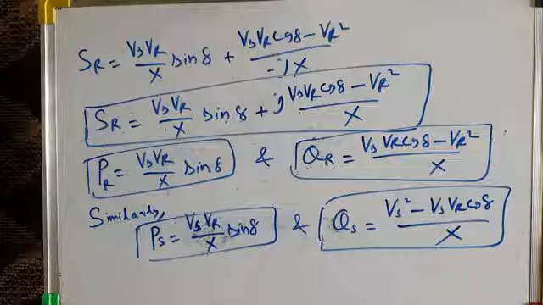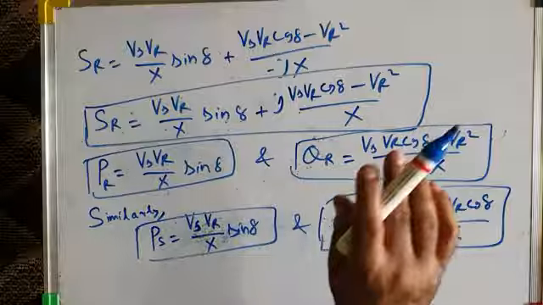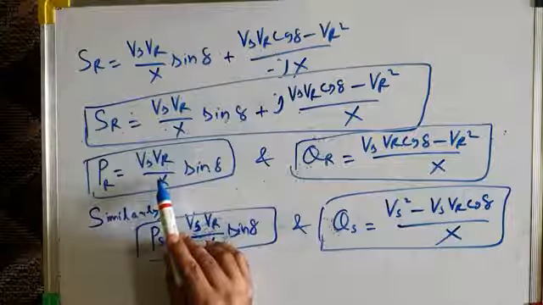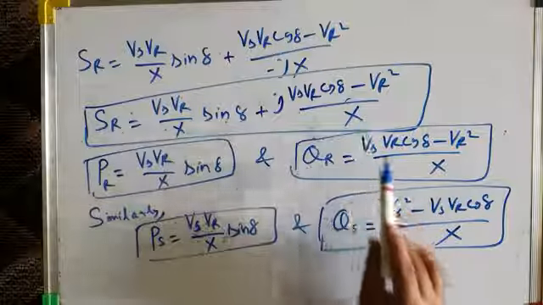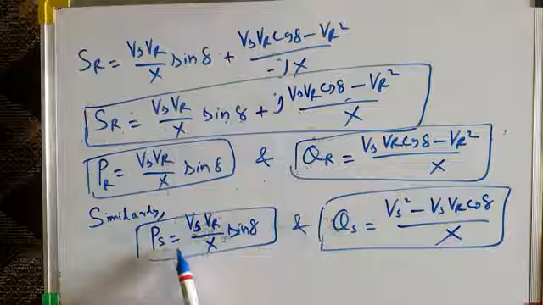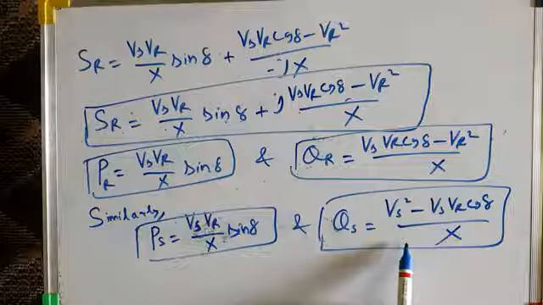Okay, so these are some very important equations. With the help of these equations, we have found the apparent power at the receiving end, and then the real power component and the reactive power component. Similarly, the real power at the sending end is this, and reactive power at the sending end is this.